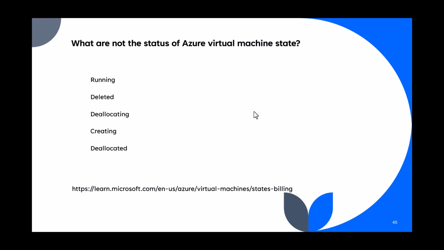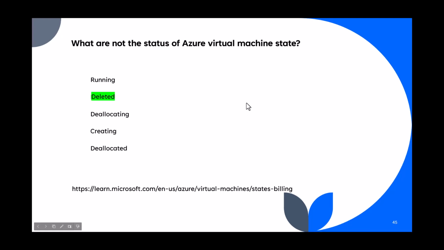Moving on to the next question, question number 45. Which are not the statuses of an Azure virtual machine state? With a virtual machine, we can stop it, start it, and create it. So what are the statuses? Running is a status, deleted is a status, deallocating is a status, creating, deallocated.